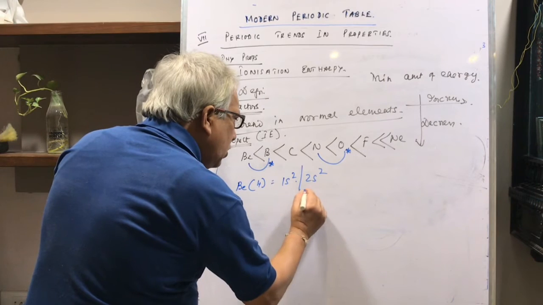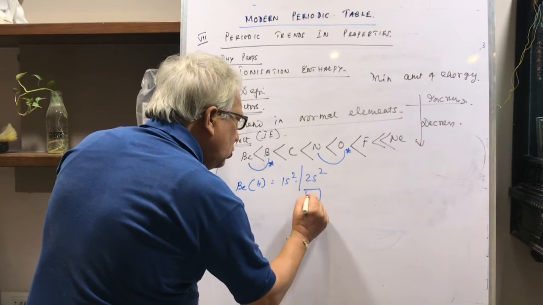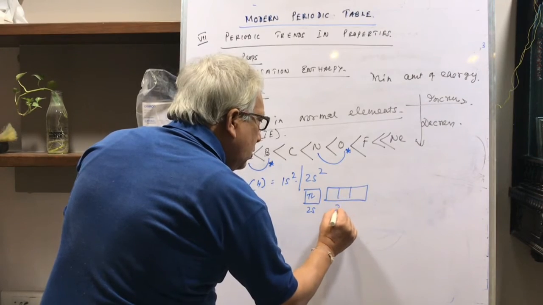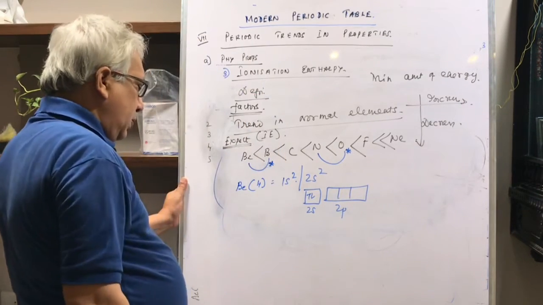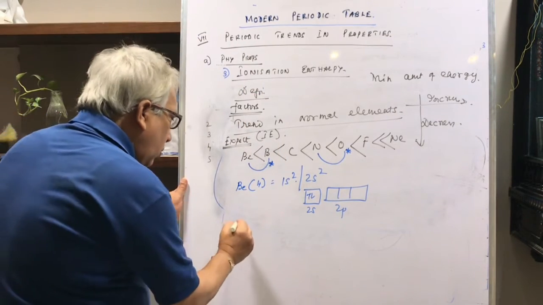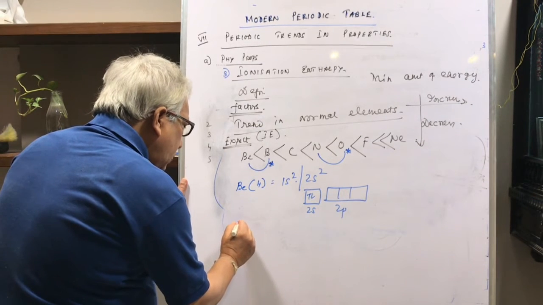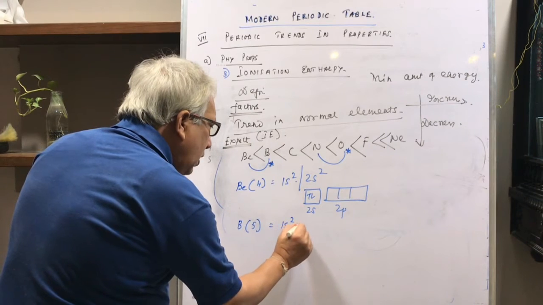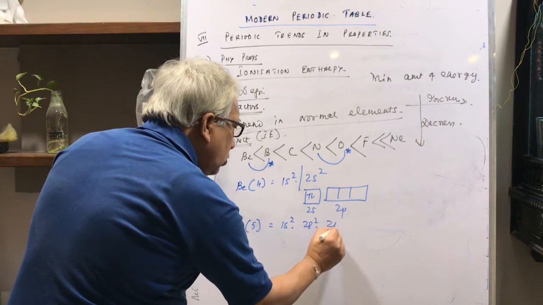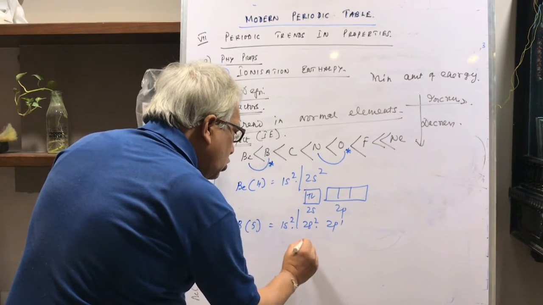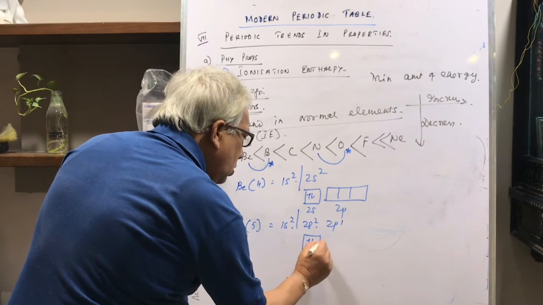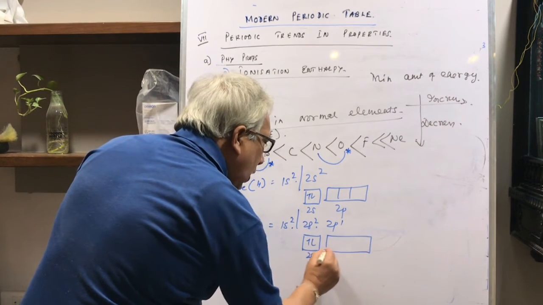Outermost configuration is 2s2 and 2p0. When you come to boron, boron atomic number is 5, so configuration is 1s2 2s2 2p1. So outer configuration is 2s2 and 2p1.